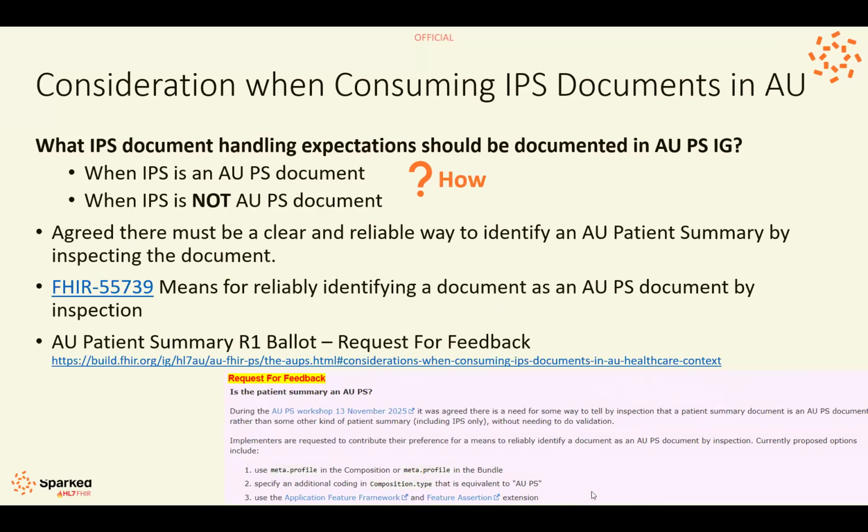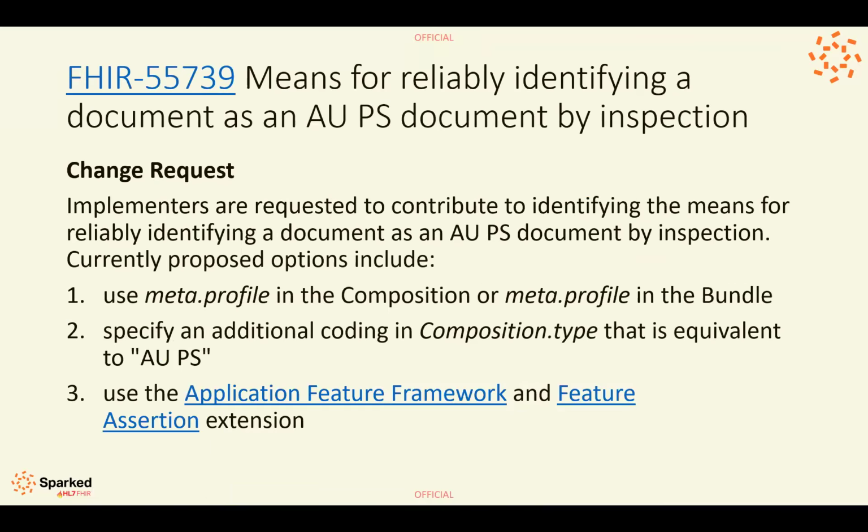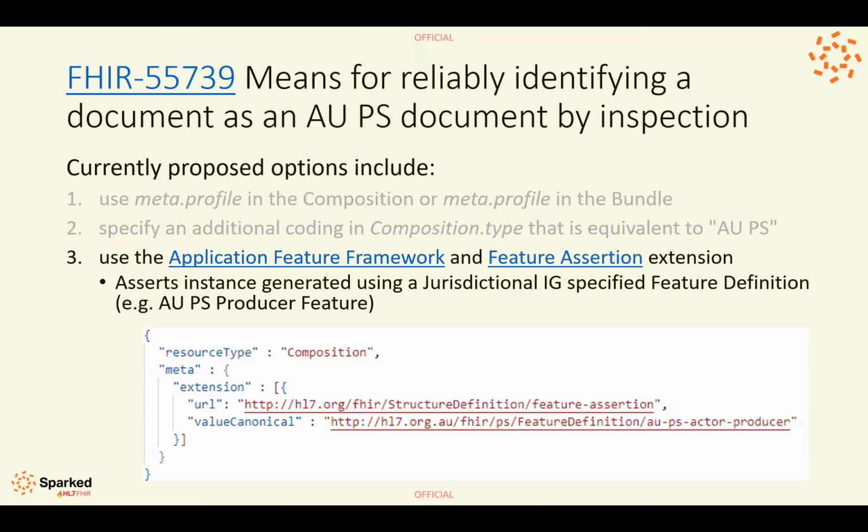We've been considering 3 options at the moment, which is to use meta.profile in either the composition or bundle, using composition type that is equivalent to a concept of AU patient summary, or something that is the application feature framework. So this JIRA ticket is what we're commenting against, and it's basically suggesting this change request with one of those 3 options.